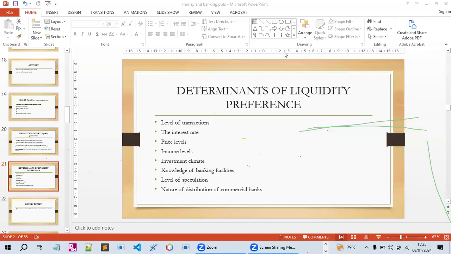Or let me go to the last part, as he's still preparing himself: the nature of distribution of commercial banks.